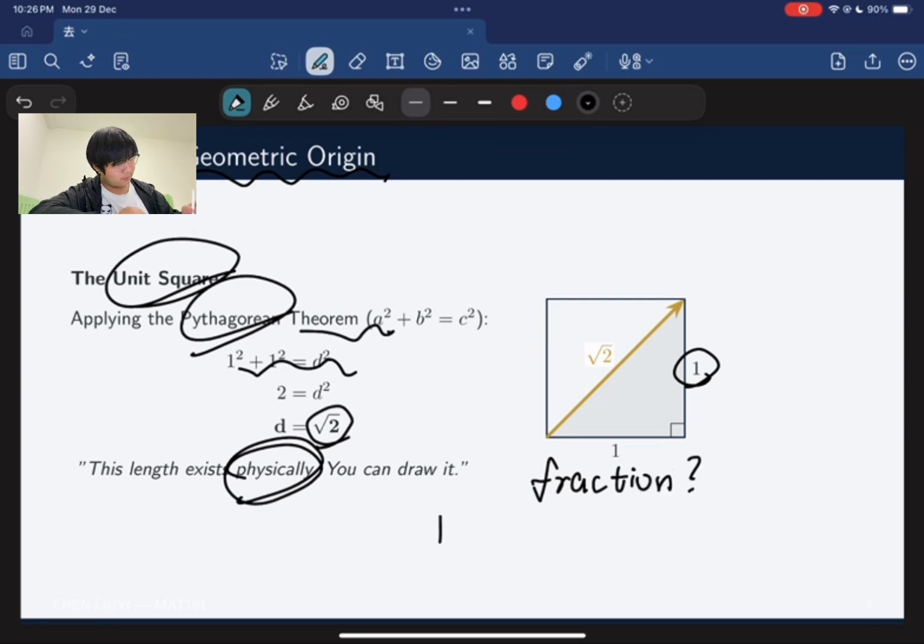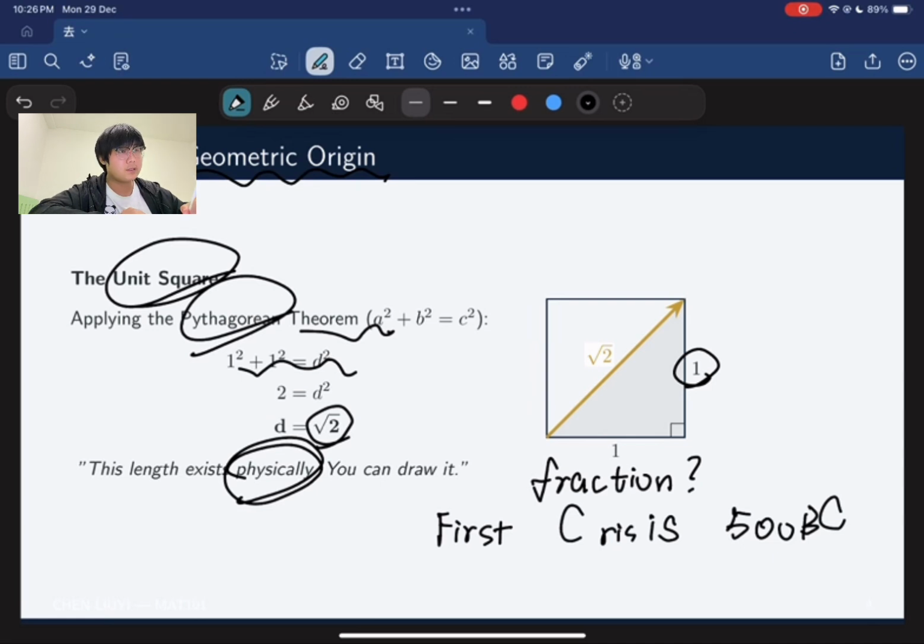This question leads to the first crisis of mathematics around 500 BC.